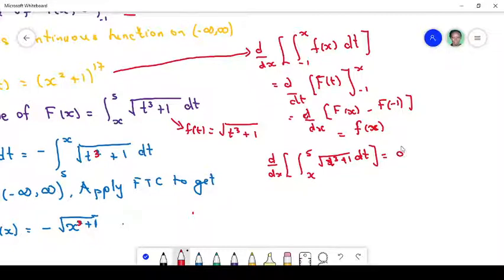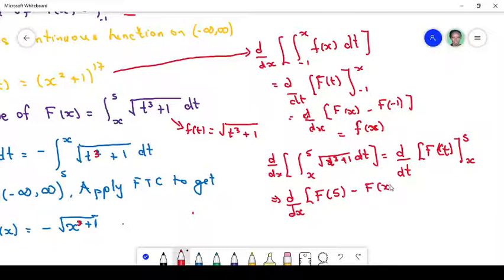If we simplify this, I have the antiderivative, big F of t, and the interval is from x to 5. So this implies that I have d/dx of F of 5 minus F of x.